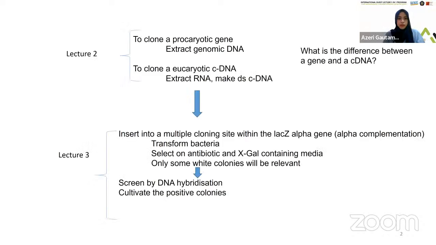So last time we focused on methods to clone prokaryotic genes and eukaryotic cDNAs, right? So that they could be inserted into vectors so as to allow us to work with them, to characterize them.